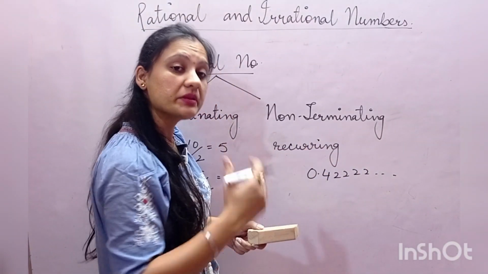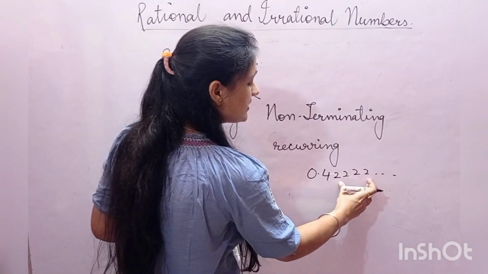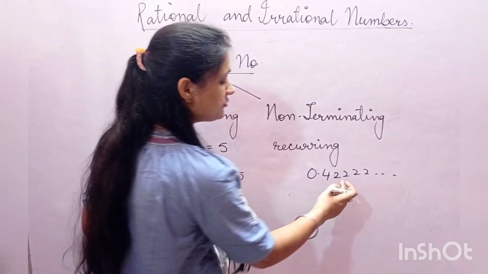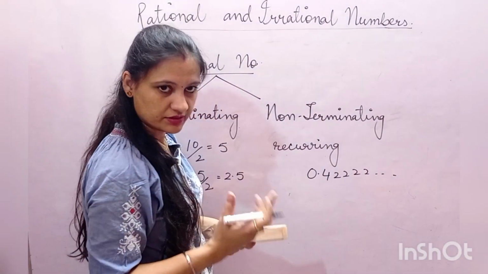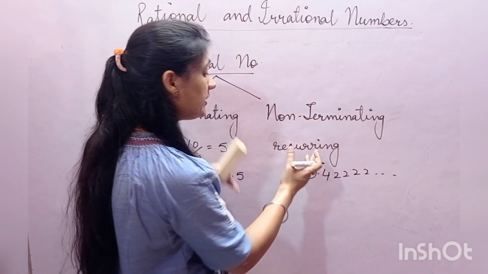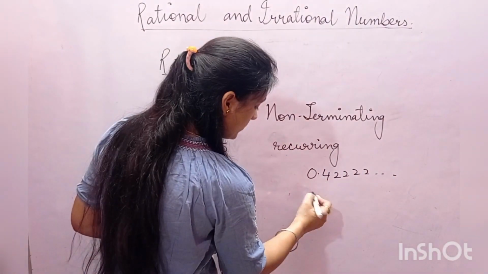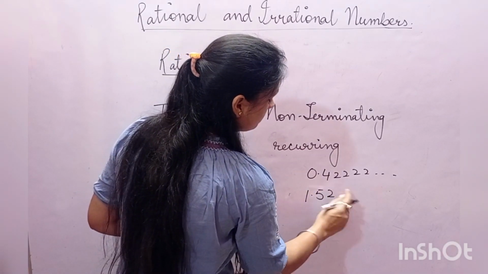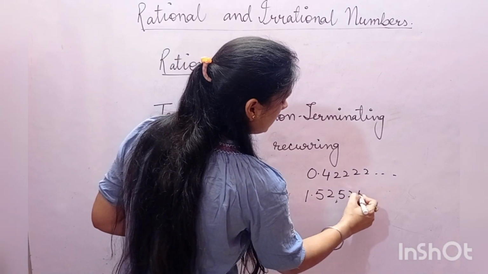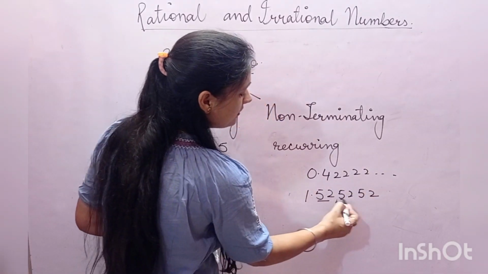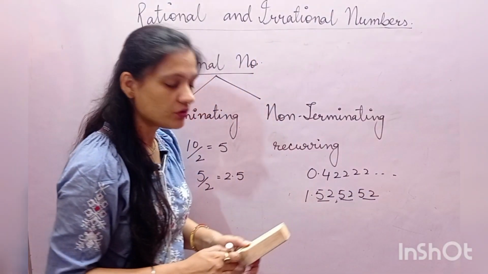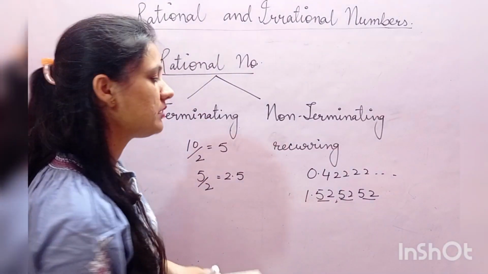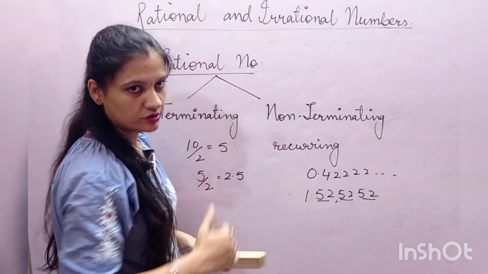Again and again the same remainder is coming, it is repeating, right? So this is called non-terminating. Recurring means, for example, 5, 2, then again 5, 2, again 5, 2. You can see the same numbers are repeating. So we have two types of rational numbers, terminating and non-terminating.